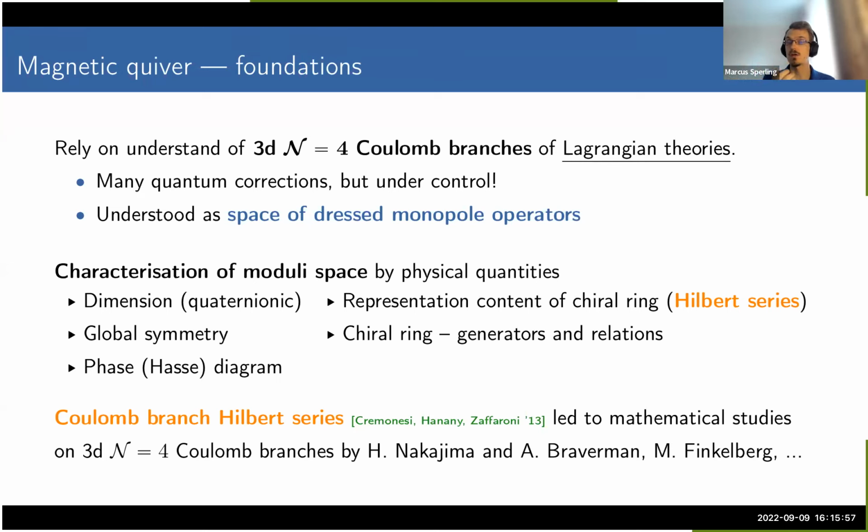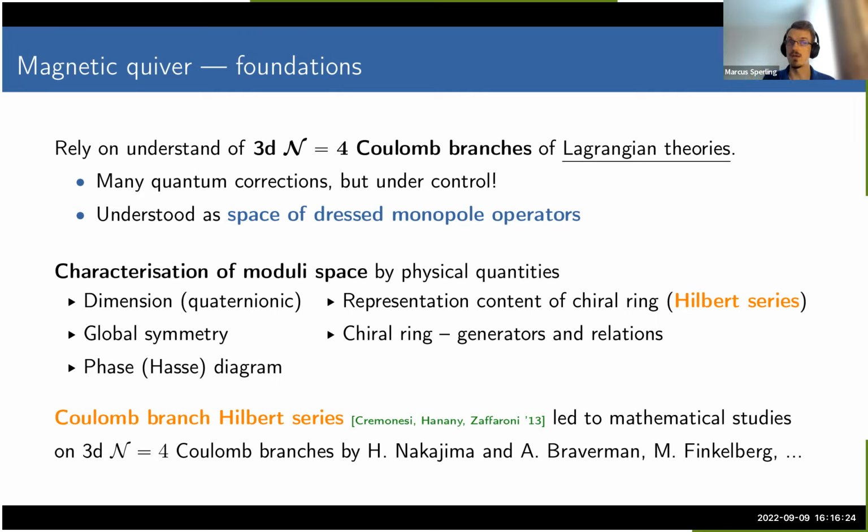Previously, for a long time, what people have been doing is saying the 3D N=4 Coulomb branch is hard because it has quantum corrections, and we want to understand it, but we can't use the Lagrangian data solely to describe the quantum corrected space completely. So what people have been doing is they use the Higgs branch of the mirror dual theory and study the Higgs branch, and then say, okay, by mirror symmetry we know what the Coulomb branch is. But actually, we can now turn this logic around.